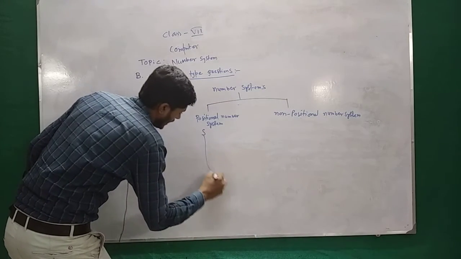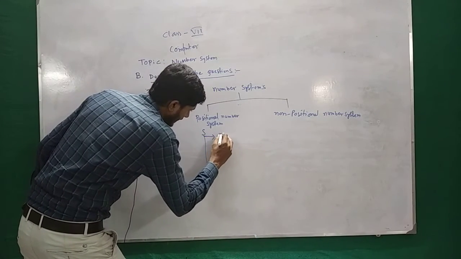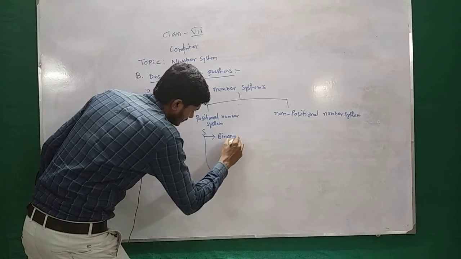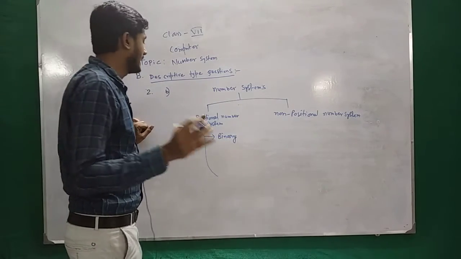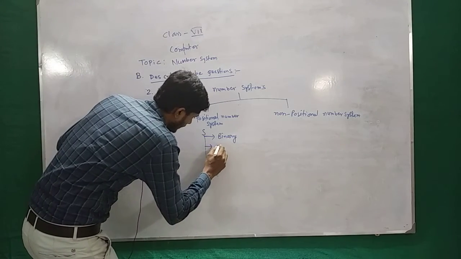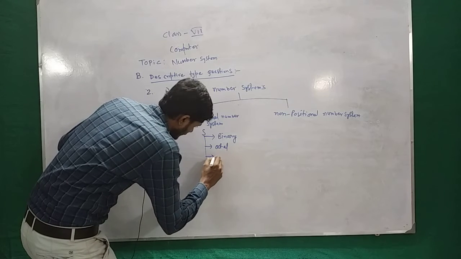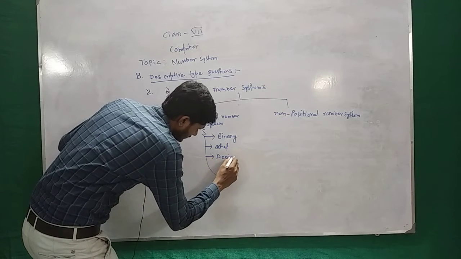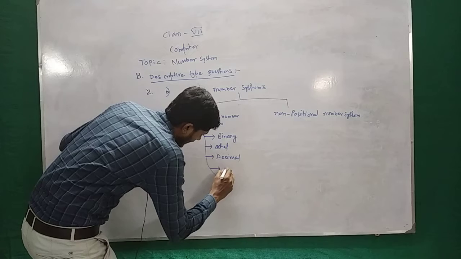Positional number systems are four types. That means binary, which computer can only understand, next octal, next decimal, and the last one is hexadecimal.